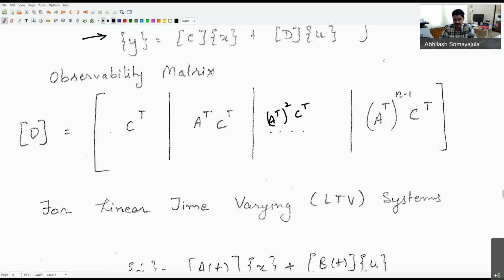If my state vector is 15 by 1, I have to do this 15 times. So from C transpose, I will go up to (A transpose)^14 times C transpose.